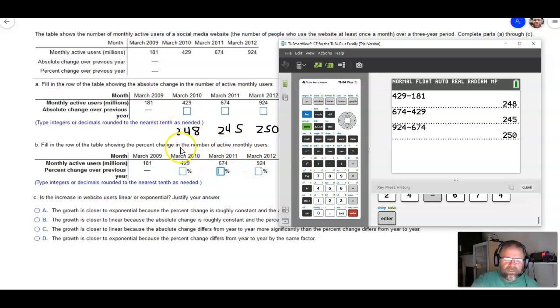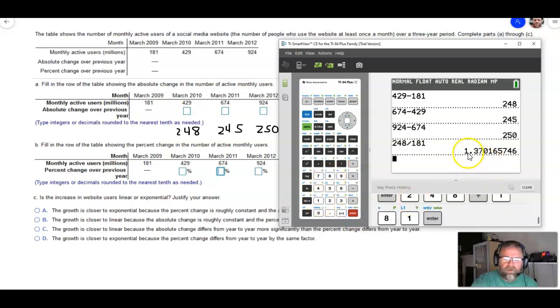So for example, for this first one, we want to see what percentage of 181 was added, so we got the 429. So the way we do that is we take the absolute change and divide it by the original value. All right, so for the first one, we're just going to have 248 divided by 181.